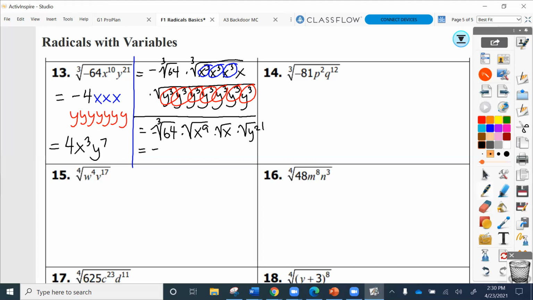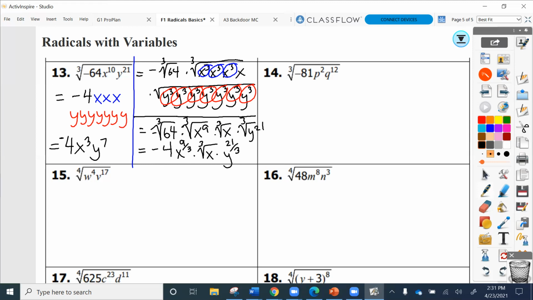So we know this is negative 4. I should put a negative with that answer. We know that this, if this is a cube root, all you have to do is divide. So if you take 9, we're going to say that the answer here is x to the 9 divided by 3 power. This is just the cube root of x, and this would be y to the 21 divided by 3 power.